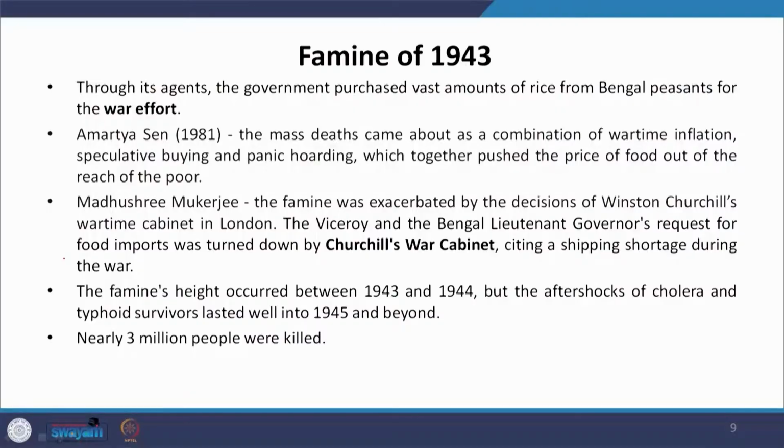Madhushree Mukherjee, another critic, would say that the famine was exacerbated by the decisions of Winston Churchill's wartime cabinet in London. The Viceroy and the Bengal Lieutenant Governor's request for food imports was turned down by Churchill's war cabinet, which cited a shipping shortage during the war.